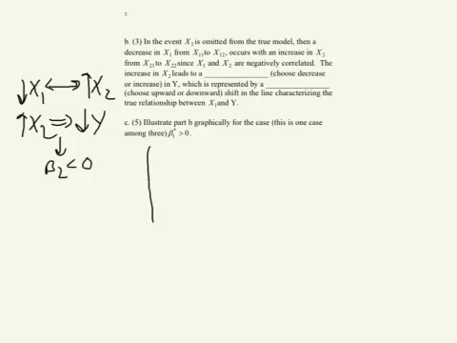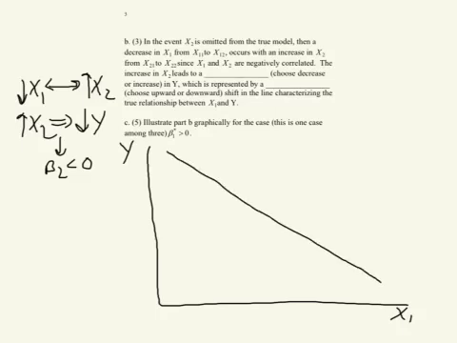So what we're going to do is show what effect that has on this relationship. So this is x1 still, this is y, and what I'm going to do now is x2 is not held constant, it's at a given level initially, and I'm going to put in my points 1 and 2 here. These are the same points that we just drew.